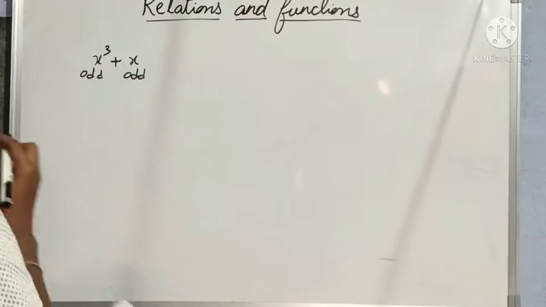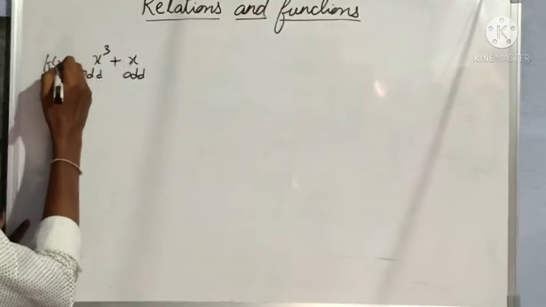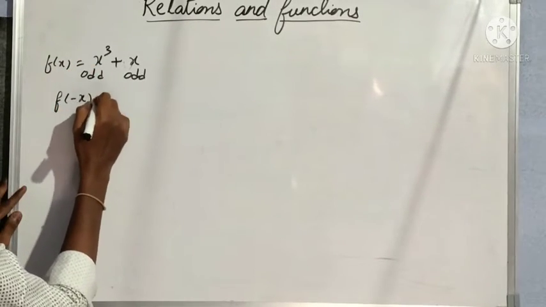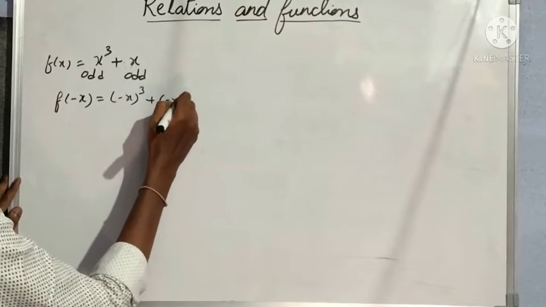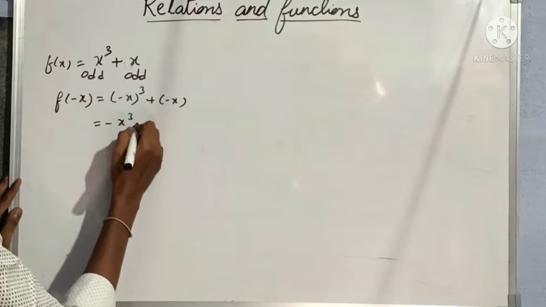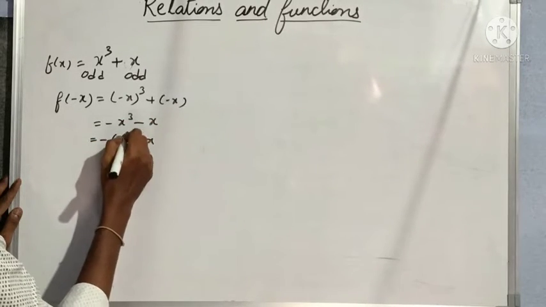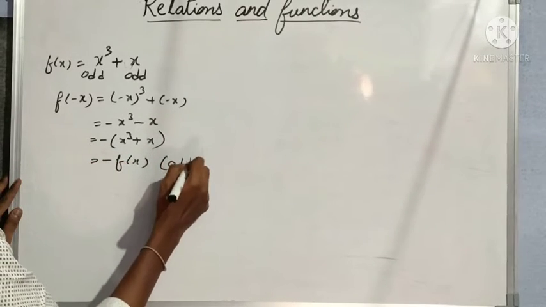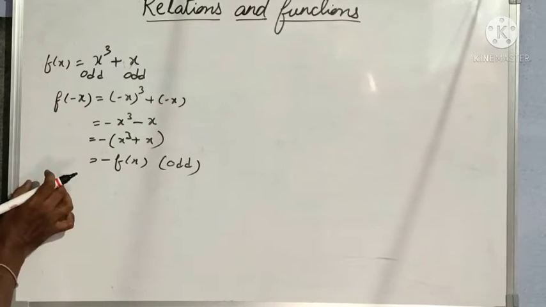So let us see whether this is an even function or an odd function. Our f of x is x cube plus x. So in the place of x, what should I write? Minus x. So f of minus x is minus x whole cube plus minus x. Minus x whole cube is minus x cube, plus of minus is minus. If I take minus common, then I will get x cube plus x. So this is nothing but minus f of x. If you are getting minus f of x, then this function is what? An odd function.